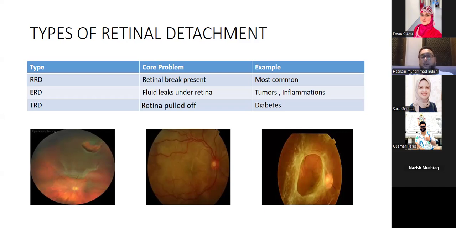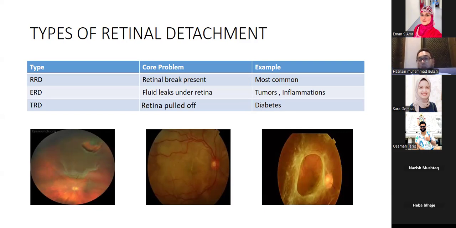The next one is the exudative retinal detachment, which is more common in tumors, inflammations, and other inflammatory conditions. Third one is the tractional retinal detachment, in which the retina is pulled off by some structure like proliferative vitreoretinopathy or fibrovascular proliferations in diabetes, trauma, or a foreign body.